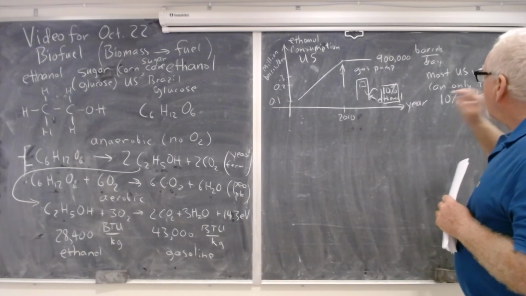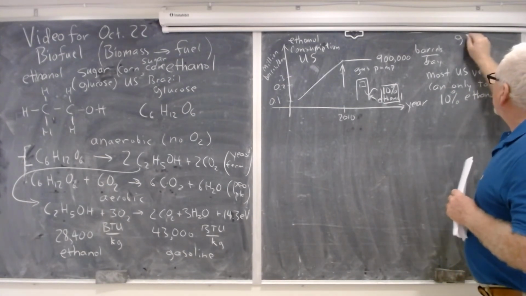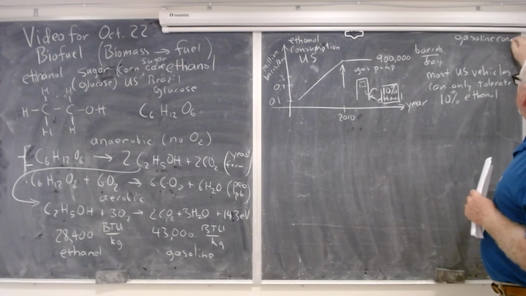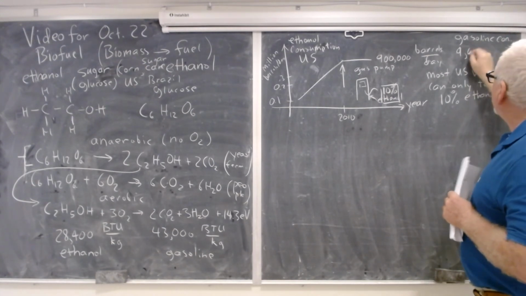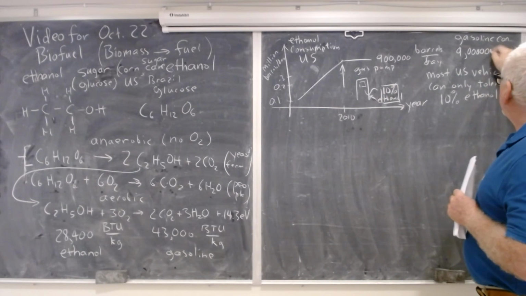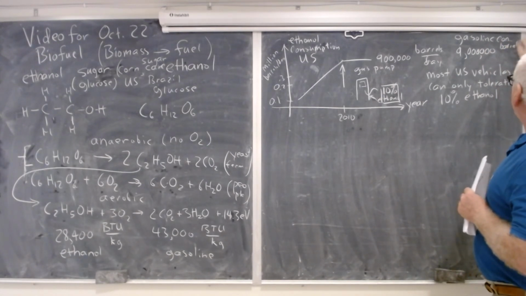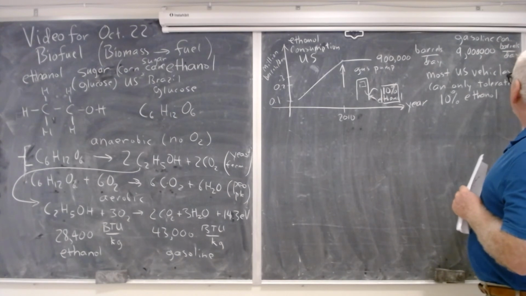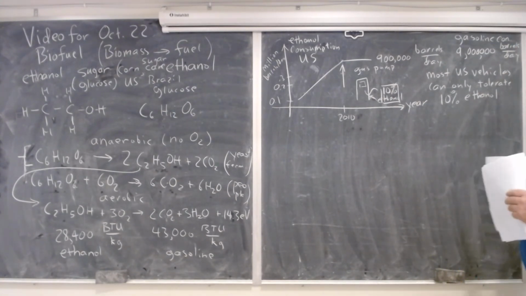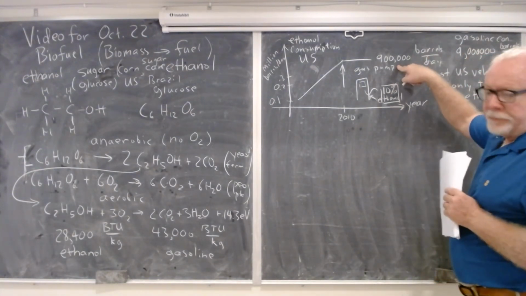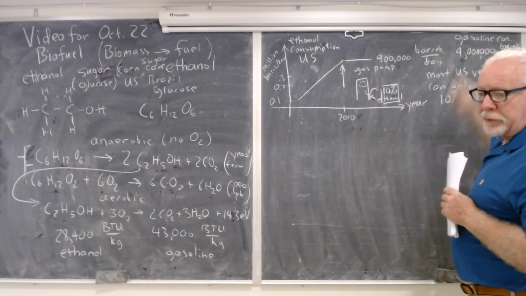And so gasoline consumption is about 9 million barrels per day. It has remained fairly constant over that time, and so this is 10% of that, and it's just simple math.